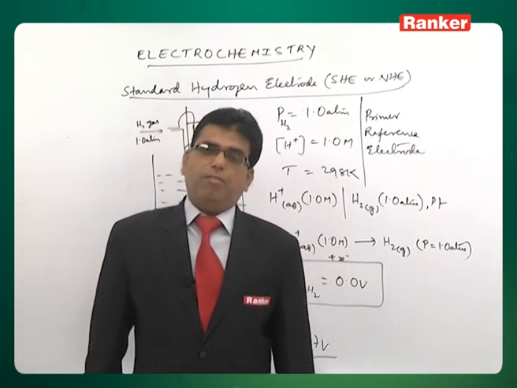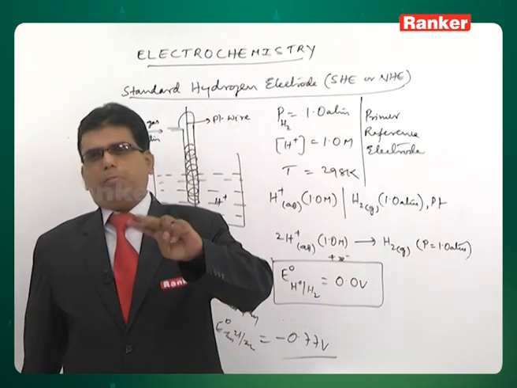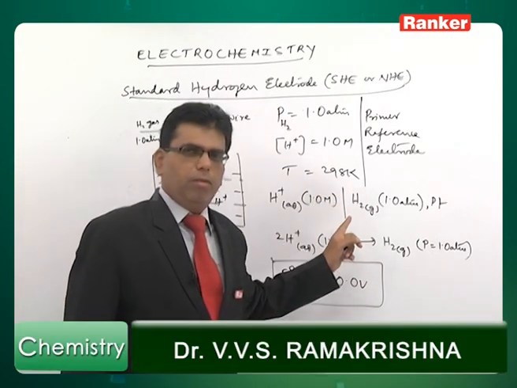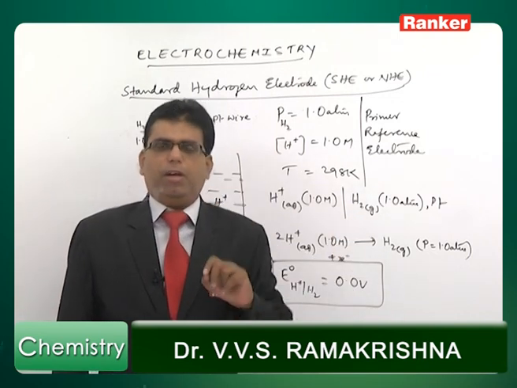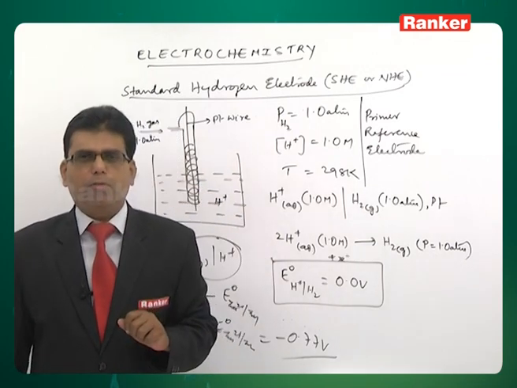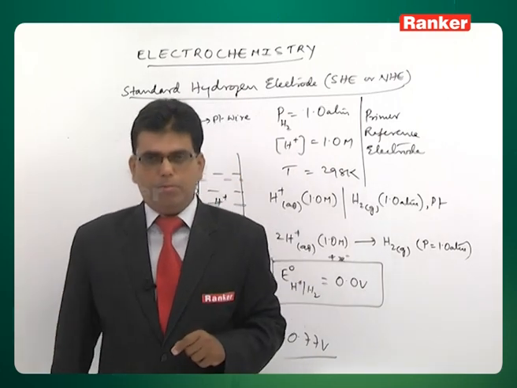Because we have certain other reference electrodes, that is, secondary reference electrodes. Then what is the difference between primary reference and secondary reference? Primary reference is always the hydrogen electrode, but it is not possible in every laboratory to construct and maintain a standard hydrogen electrode.